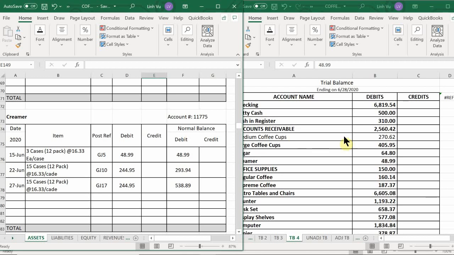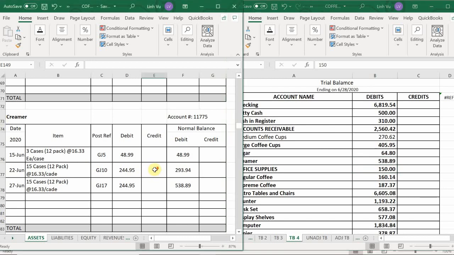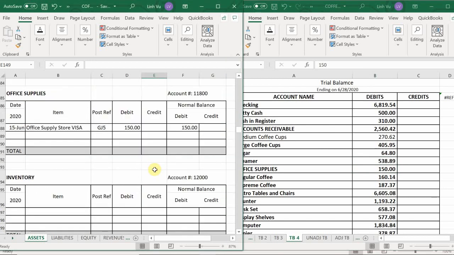My creamer, 538.89. Okay. Office supplies, right? We haven't adjusted it yet, so it's still 150.